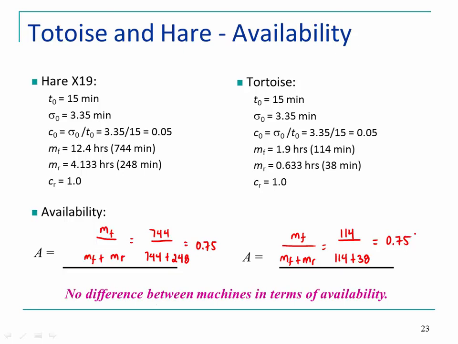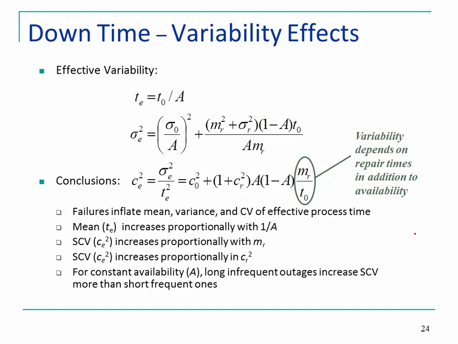There's no difference between the machines in terms of the availability. Now we are going to start taking into consideration the downtime. So when a breakdown occurs, how that variability, in terms of how often these breakdowns are happening and how long it takes to repair them, is affecting our actual variability in our process.